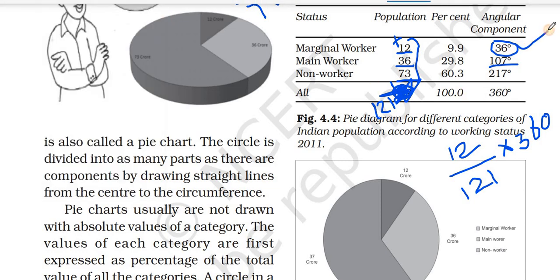Then we understood how we can find out the angular components.